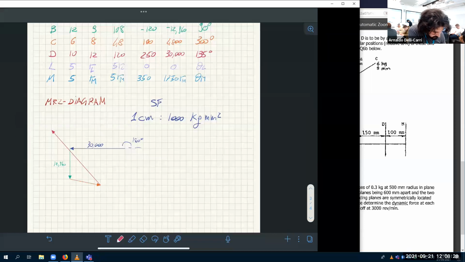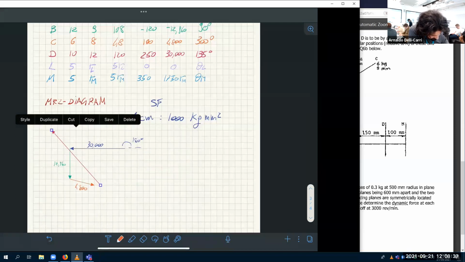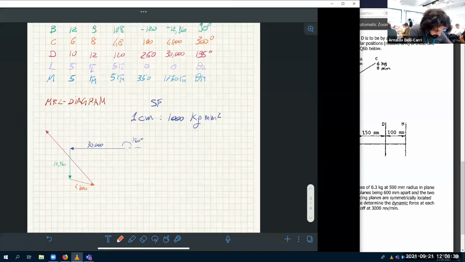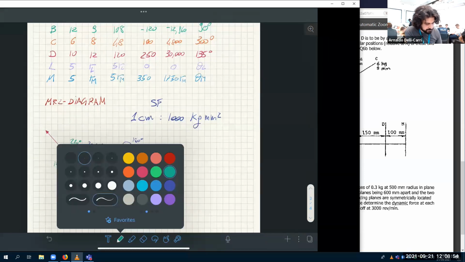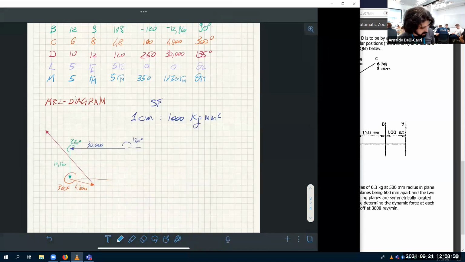Okay. This is 4,800. Probably shorter even. And this is at 300 degrees. So this, you can say it's 300 degrees. This is 270 degrees. And finally, we draw this one, which closes the polygon.